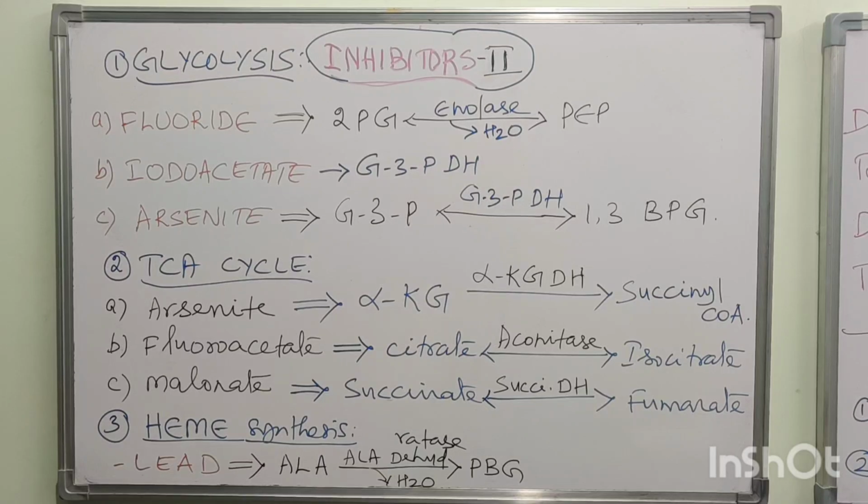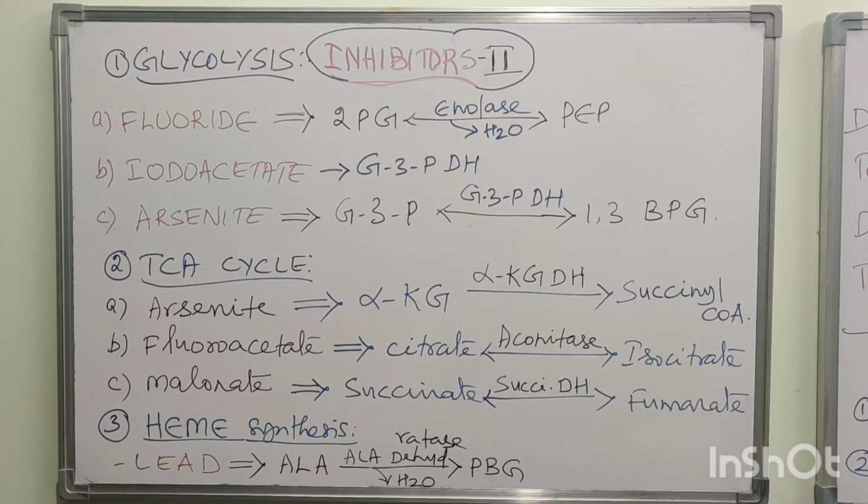Second one is iodoacetate. This is not much significant, but you should know the role of iodoacetate, which inhibits glyceraldehyde 3-phosphate dehydrogenase. Next one is arsenite. This is very important. That is arsenic acid, which inhibits again glyceraldehyde 3-phosphate dehydrogenase.